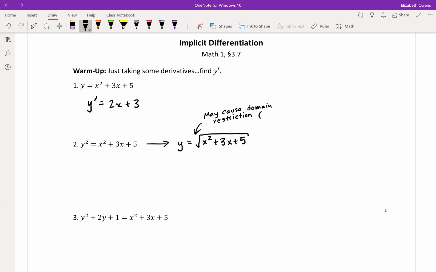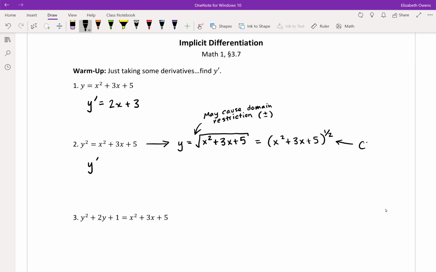And then, yeah, technically we should have plus or minus, but even just to give this a kind of simplest case scenario, that would still be x squared plus 3x plus 5 to the 1/2 power. And then we would have to use our chain rule from last section, because this is definitely an interior function and then an exterior function. So you would use one of those methods for the chain rule to find that derivative.